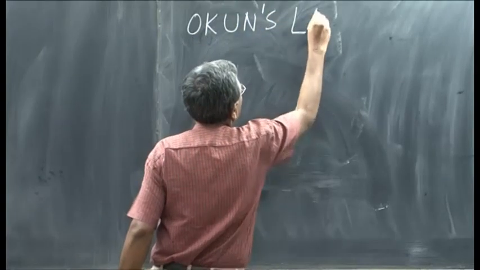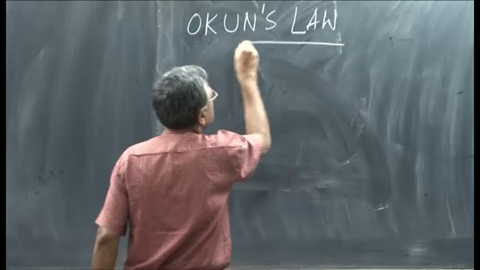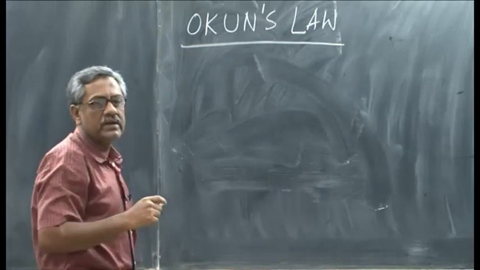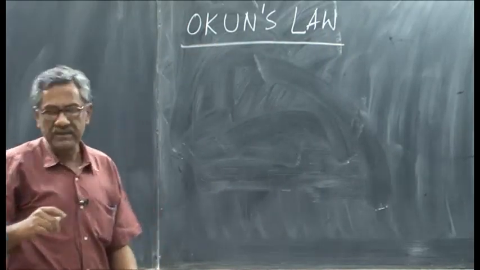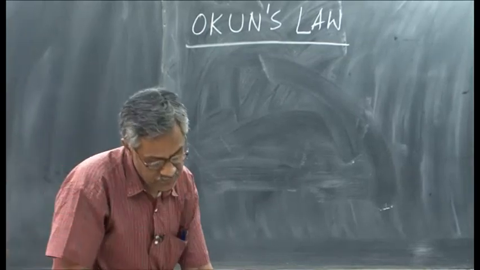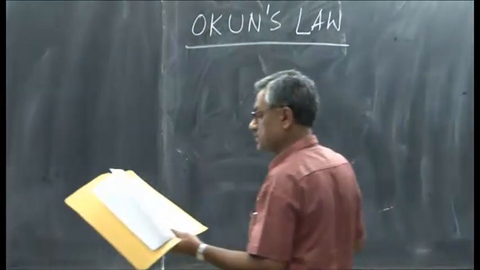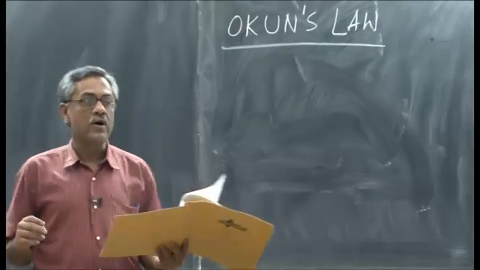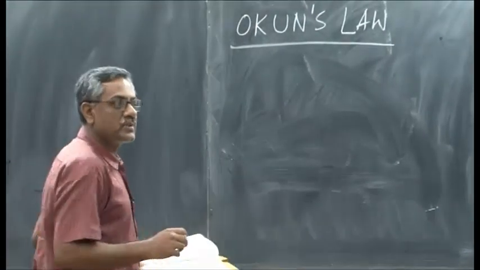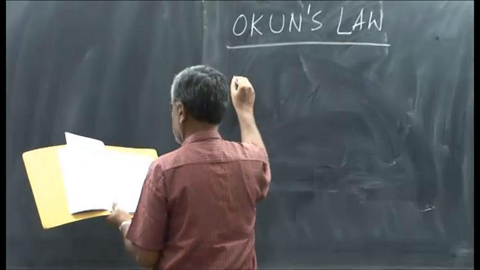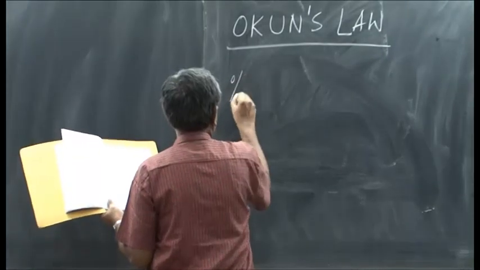Now, what is this law? I don't know whether people still accept this as a law. Okun is an economist who used the data period 1951 to 2003, and he found the following relationship. I don't know whether it will interest you or not.